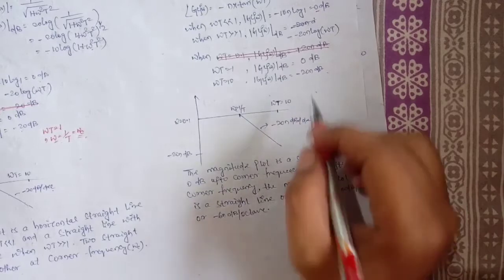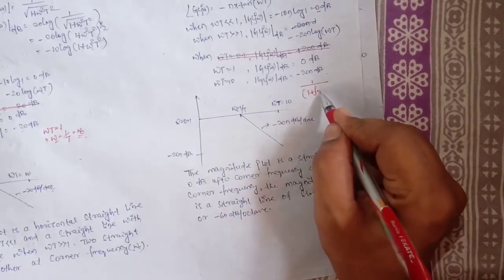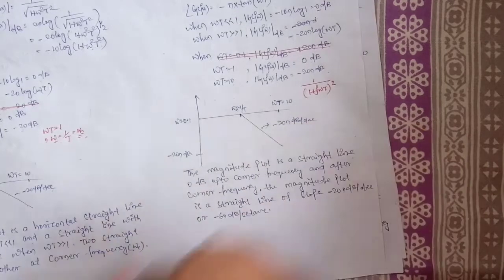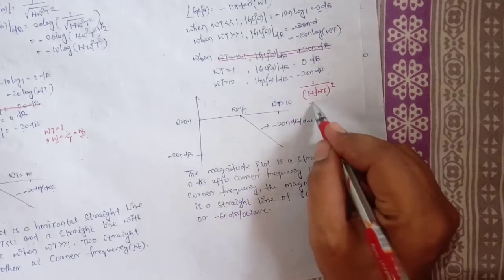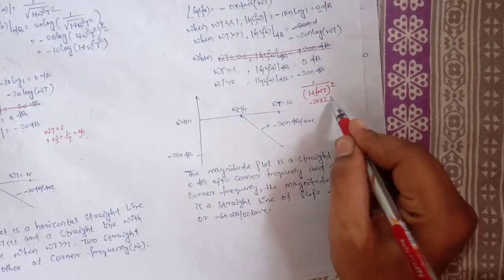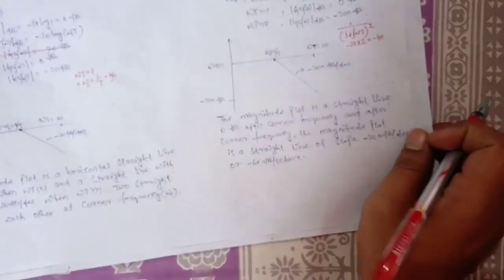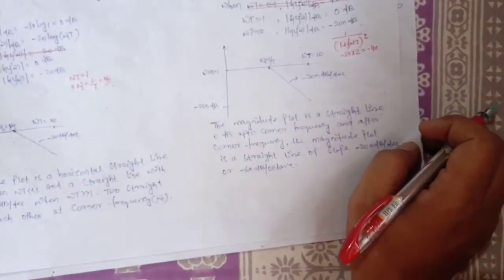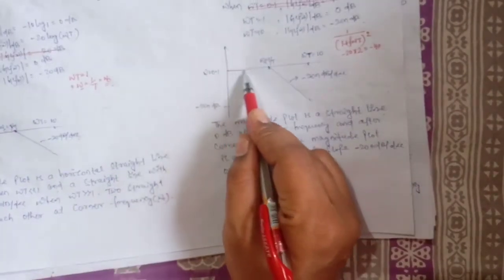That means if there is a term of 1 plus j omega t to the power 2, then what will be my slope? 20 into 2, minus 20 into 2, that is minus 40. So the same conclusion we can find here, that it is basically two straight lines.